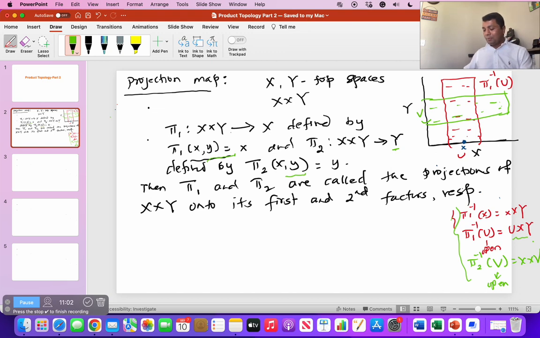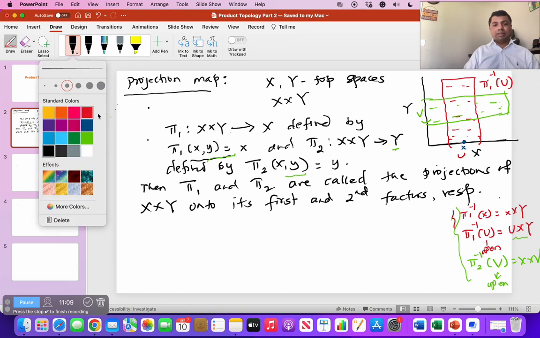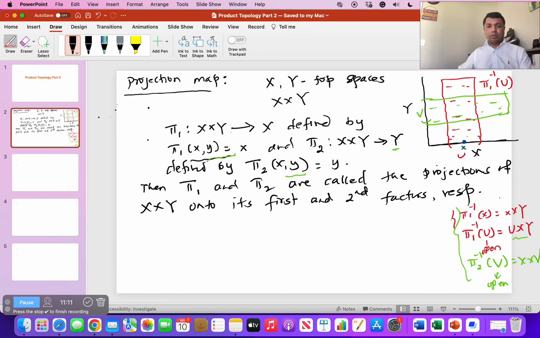Now I'm going to give a lemma. This is a lemma without proof, and if you are interested in the proof, you can take a look in Munkres' book. This lemma tells us how to find a subbasis for the product topology on x cross y.